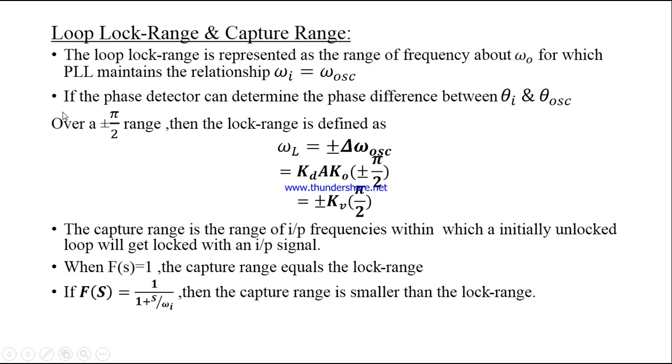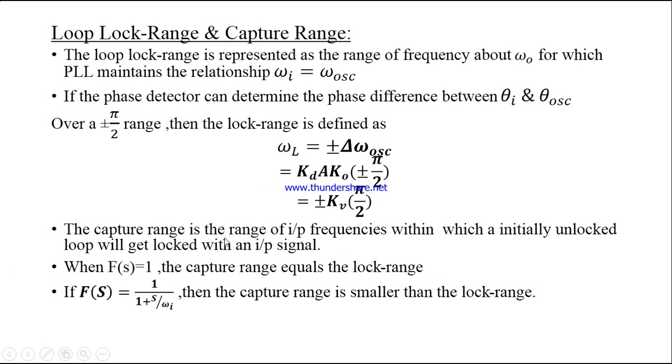Next is the loop lock range and the capture range. Here the loop lock range is the range of frequency omega 0 for which the PLL maintains the relationship omega I equal to omega OSC. If the phase detector can determine the phase difference between theta I and theta OSC over a range of plus or minus pi by 2, then the lock-in range is defined by the given equation, omega L equal to plus or minus Kv pi by 2.